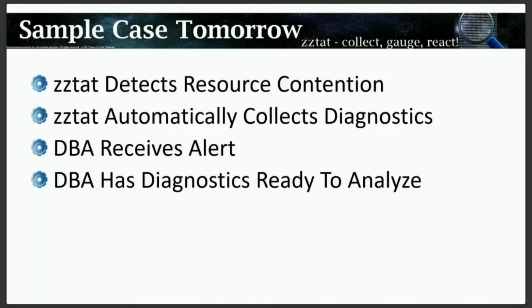So there are reactions built in to zztat which can do high-speed sampling against the latching resources in the Oracle data dictionary, and then automatically produce a report, which you will receive together with your alert. So this means, again, when you get paged, you will immediately see what exactly is going on in your database, and you'll be able to resolve the issue much, much quicker.